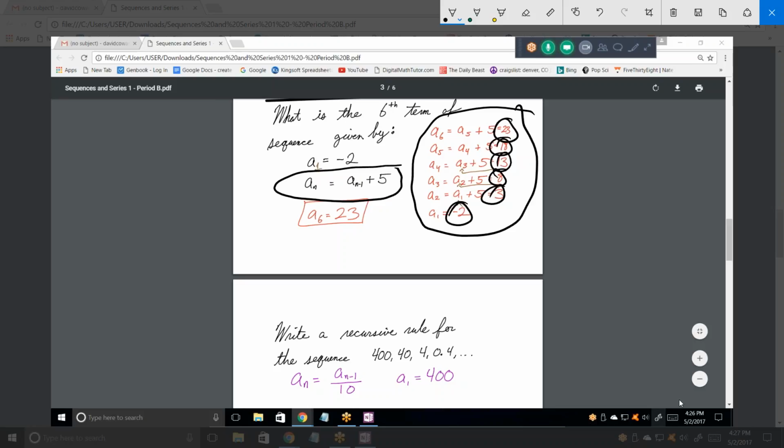I could not write this explicitly because it's a Fibonacci sequence. There is no a sub n formula that's not based on the previous term. I can't write this in a typical way where it would be the first term plus something. The only thing I know about this sequence is that any term is equal to the sum of the two previous terms.